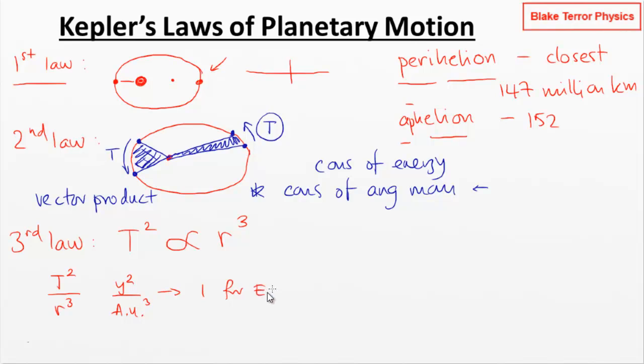So we've normalized it to the parameters for the Earth. If you then use these units, Earth years and astronomical units, you'll get about 0.9 for Mercury, 1.1 for Venus. So you're getting these 10% variations in this relationship, which is still pretty good when you consider how much is actually going on with all of the perturbations in the orbits.